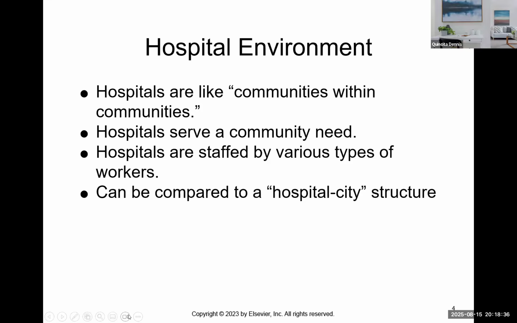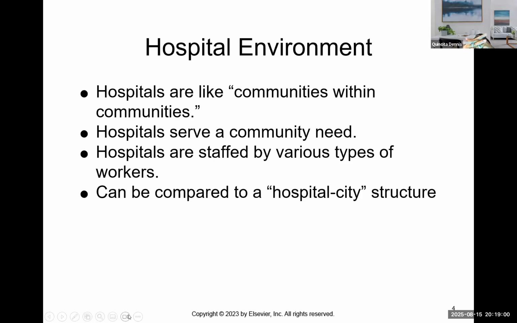All right, so inside of that hospital, we have all different types of workers. We have doctors, nurses, rad techs, lab techs, we have pharmacy personnel, food services, environmental services, we have maintenance. So there's a lot of different jobs that are facilitated within the little community of that hospital.